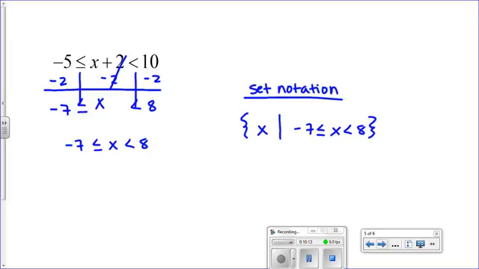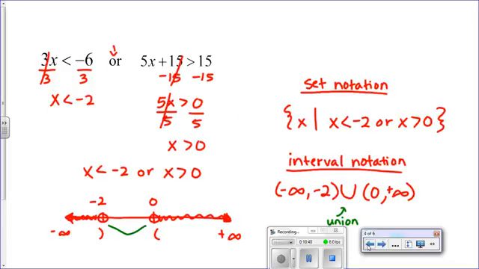Okay, let's look at a number line to do our interval. So our intervals are what's shaded. I'm just trying to describe what's shaded when I'm doing an interval. So I need a closed circle at -7. I need an open circle at 8. And remember, when x is in between these, I shade in between. So I only have one part of this number line that's shaded. So I'm only going to have one interval. So over here, I had two parts that were shaded.